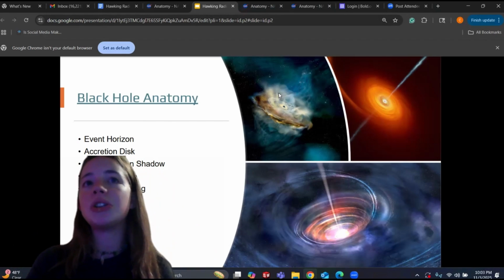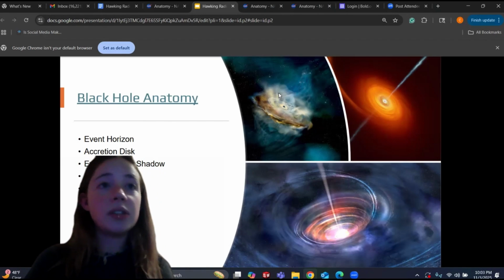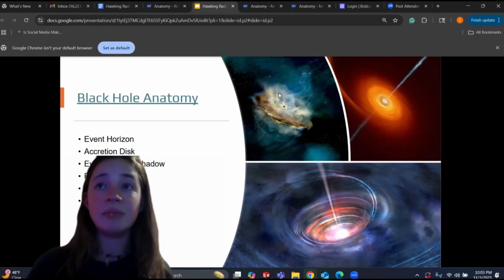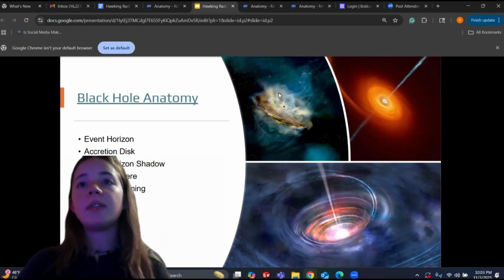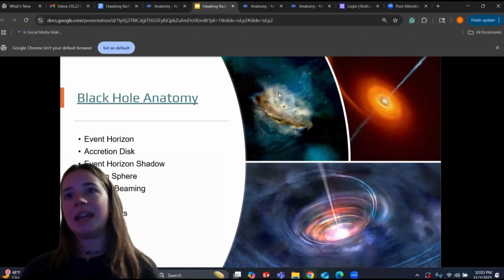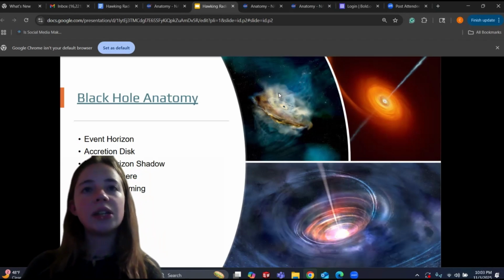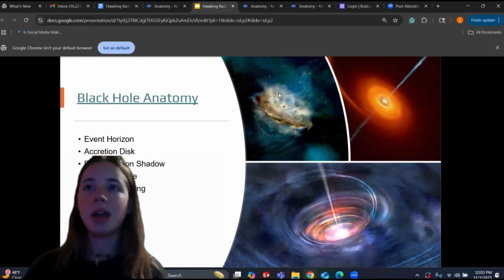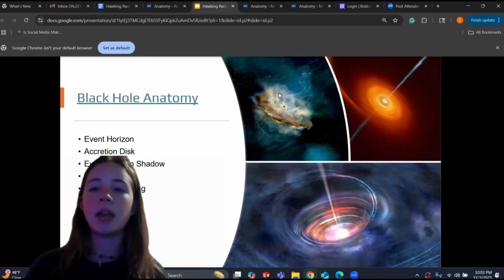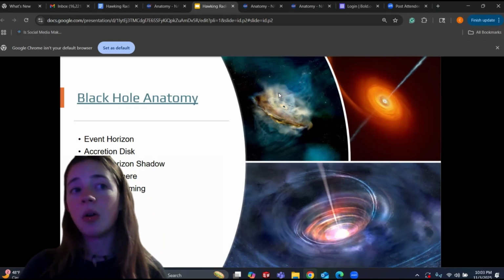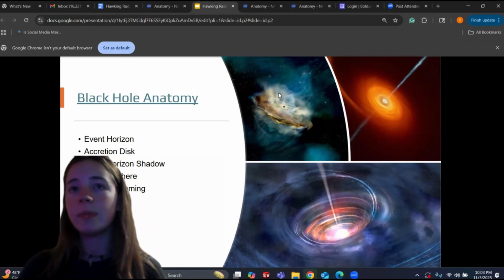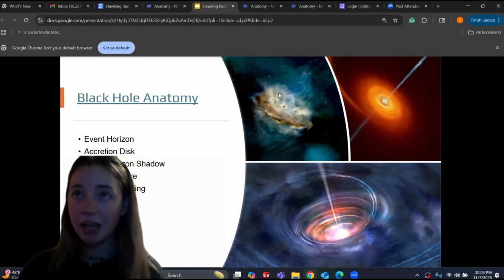Now, it is important to note that a lot of this research is super new. We're still learning a lot every day, every year, even. The first photo of a black hole wasn't taken until 6 years ago in 2019. We were able to get close enough to get a visual on one. The first measurement of a black hole wasn't until 10 years ago, where we were able to measure two black holes colliding.